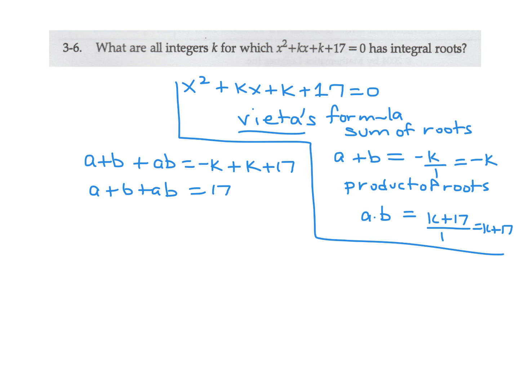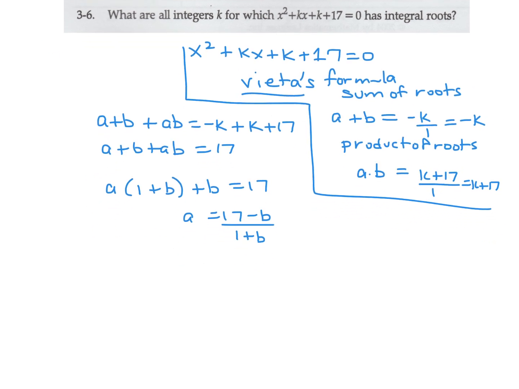It doesn't really matter how you factor it, but I think it helps if I factor out an a and then 1 plus b and then b. That probably might make it a little bit easier, because then this would be 17 minus b over 1 plus b is a. Okay, I think that's a little bit more promising.